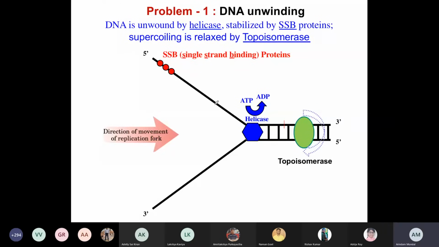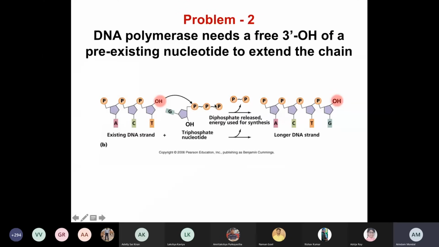Okay, if not, then let's proceed to the next part, which is the priming part. We have talked about the initiation. Next is the priming, and there comes problem 2. What I have shown you is the basic chemical reaction which happens during the DNA replication process.